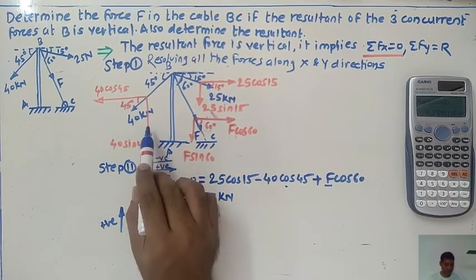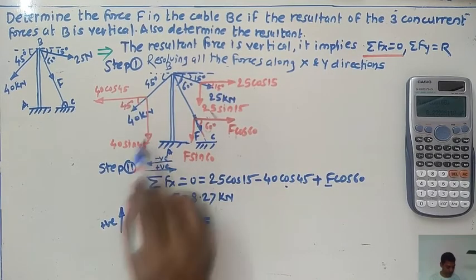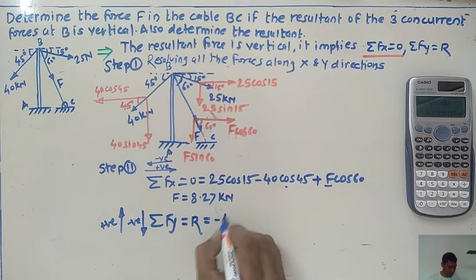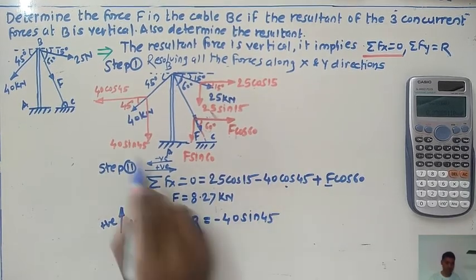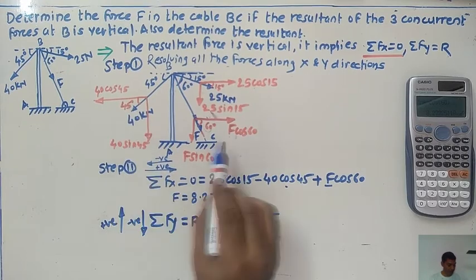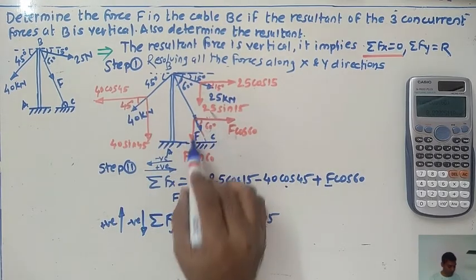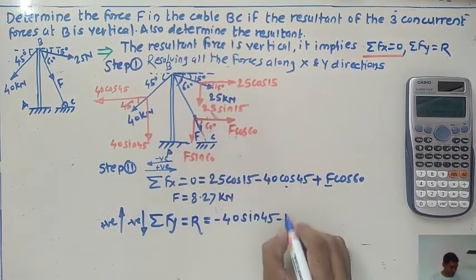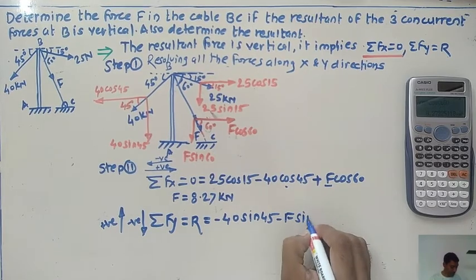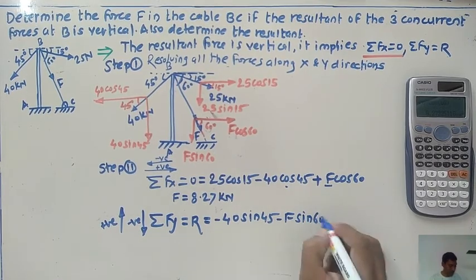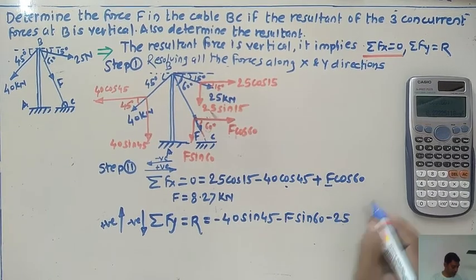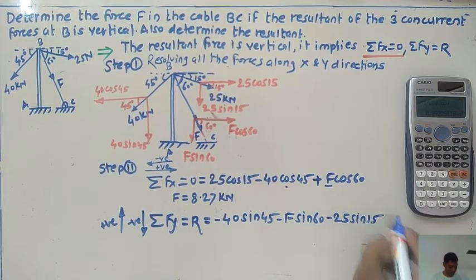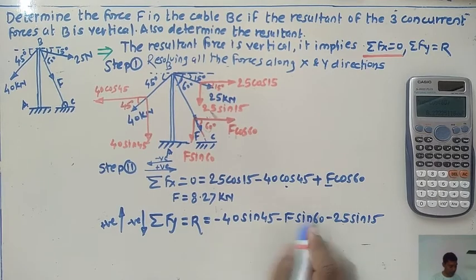Here this one with us 40 sine of 45 running vertically in downward direction. So consider this force as positive. Apart from this one, what's about this force? Minus F sine of 60, and this force with us 25 sine of 15. Okay, make sure that all the forces are considered by us.